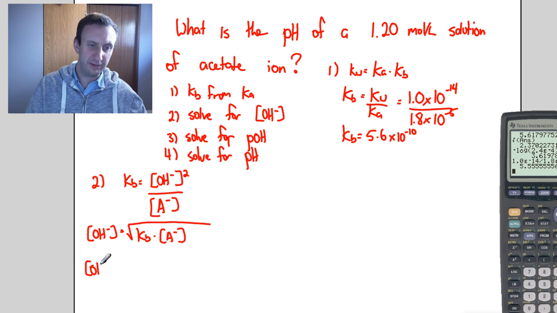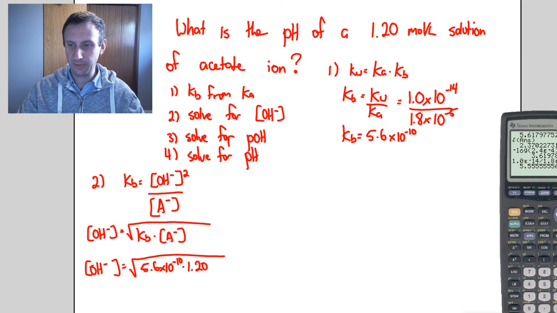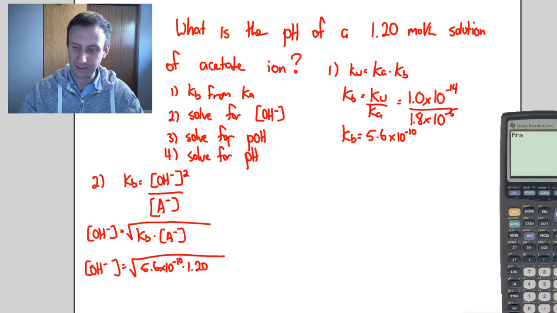So OH minus is equal to the square root of 5.6 times 10 to the negative 10 multiplied by 1.20 moles per liter. Not going to write the unit because I'm within an equilibrium expression. We'll take that 5.5 repeating back, times 1.20, and then take the square root of that.